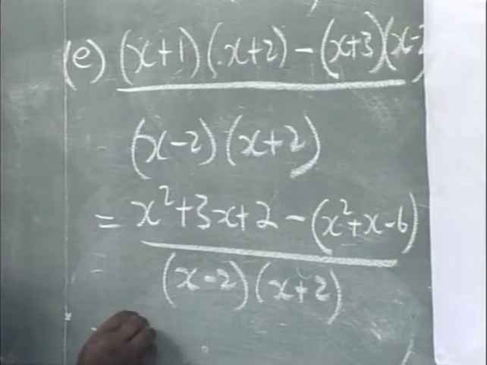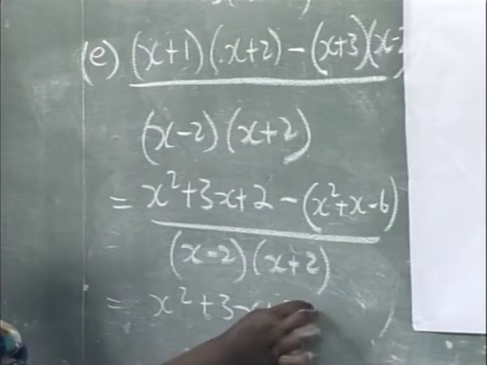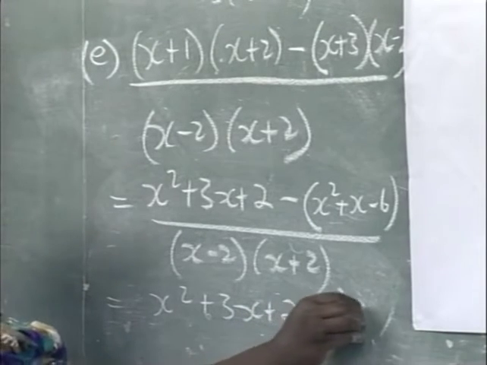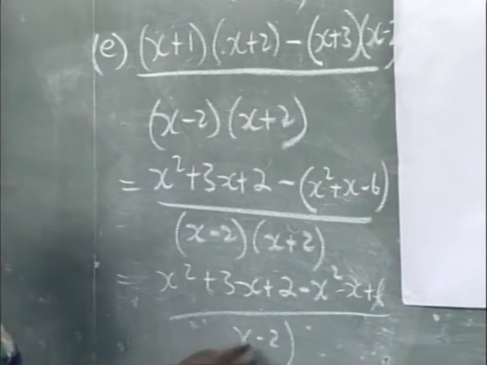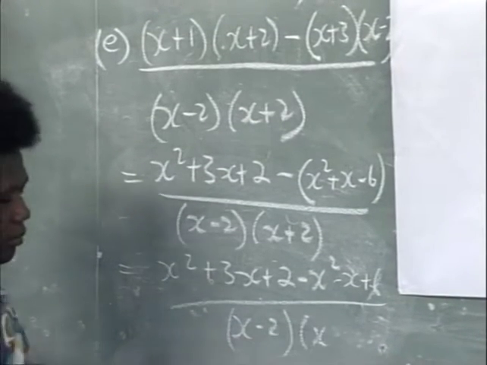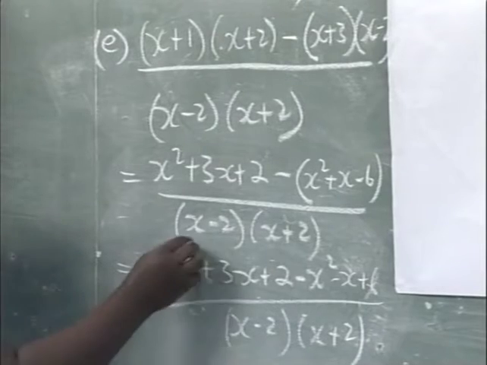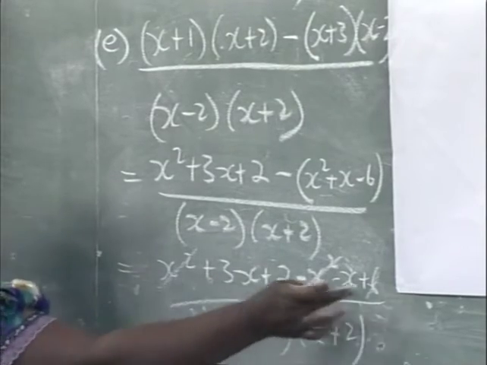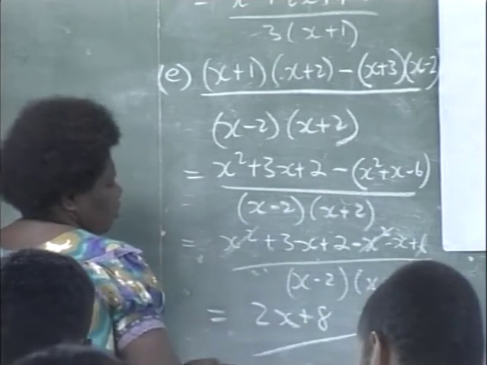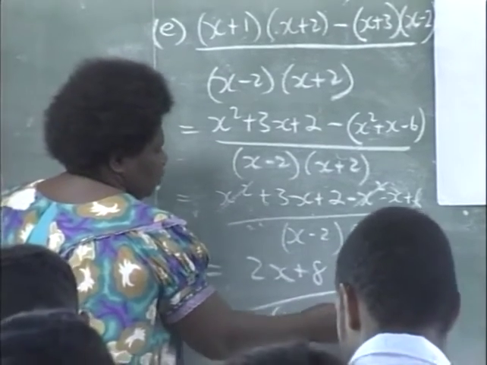Then I have to remove the brackets: x squared plus 3x plus 2 minus x squared minus x plus 6 over x minus 2 times x plus 2. Okay, x squared minus x squared is 0. 3x minus 1x is 2x. And 2 plus 6 is 8. So, it's 2x plus 8 over x minus 2 times x plus 2.